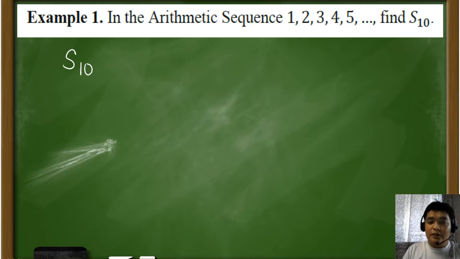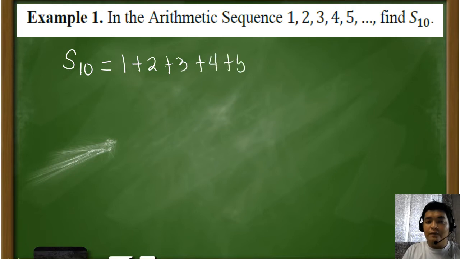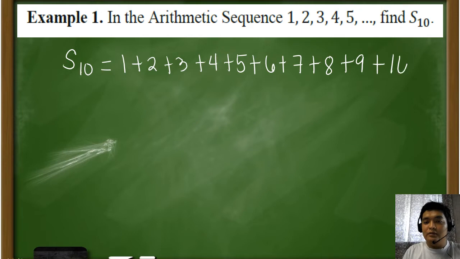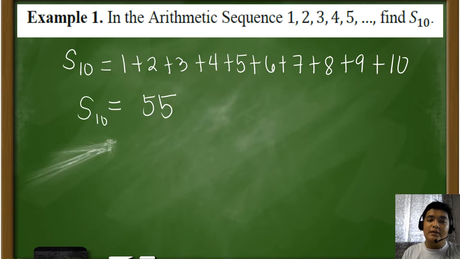So the first 10 terms are 1 plus 2 plus 3 plus 4 plus 5 plus 6 plus 7 plus 8 plus 9 plus 10. If you add that, the sum is 55. Therefore, our S sub 10 is 55.